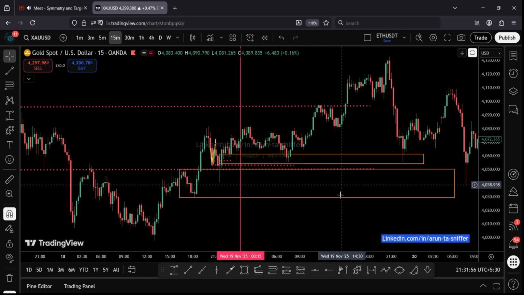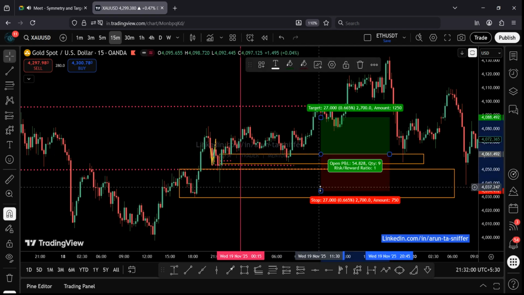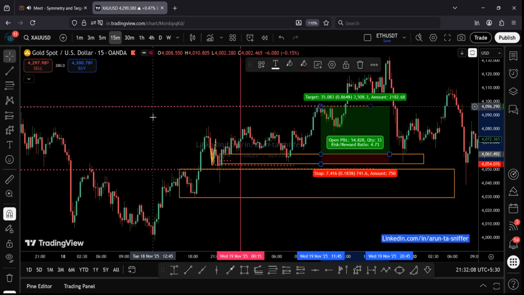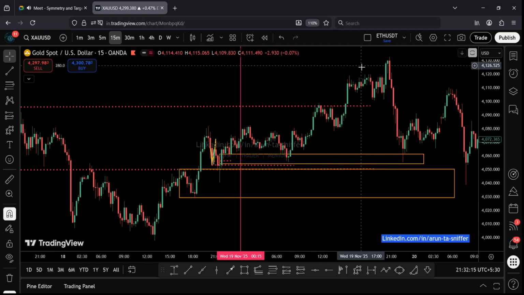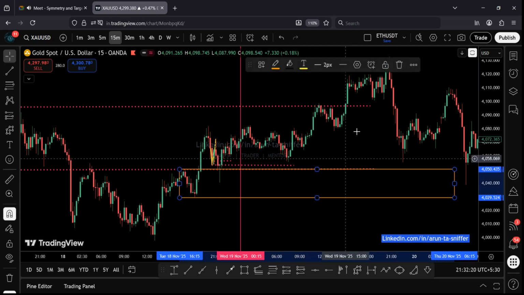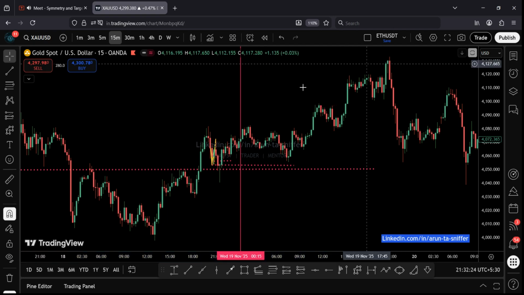Okay, this will be like this. The safest target will be here. 1:4, let's see. Okay, any other question? Any other question, guys?